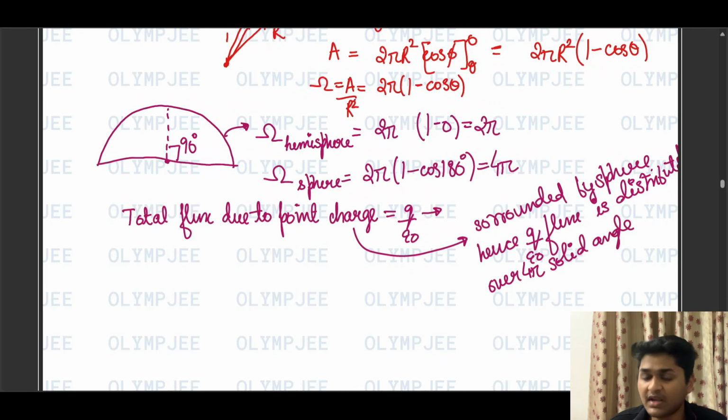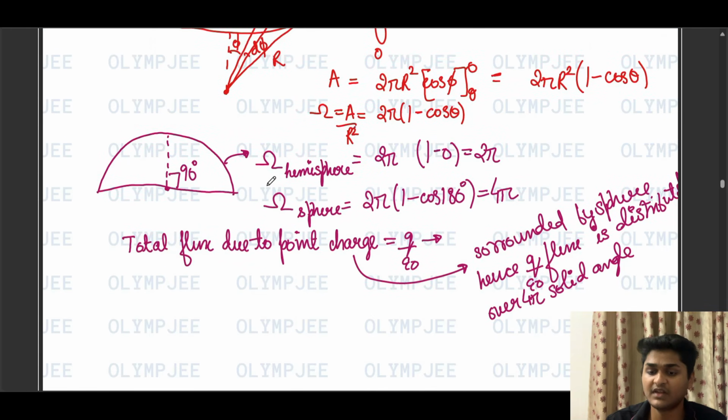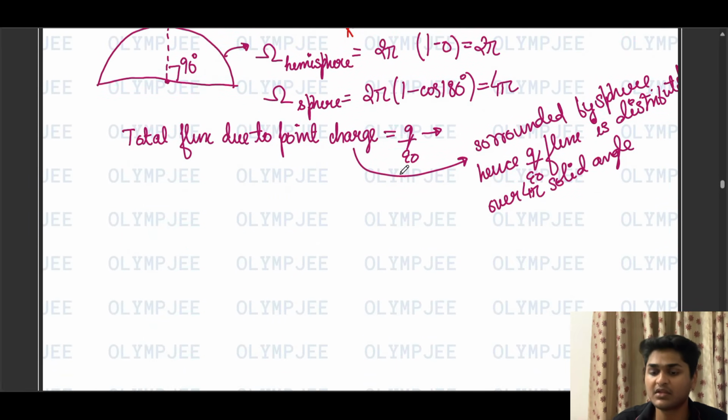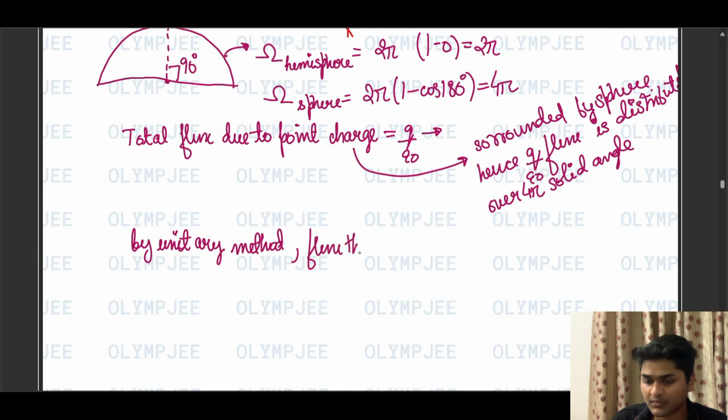So if we use unitary method and we need to calculate the flux through this solid angle 2 pi 1 minus cos theta, since that is what the question is asking, then by unitary method, flux through solid angle theta is given by q by epsilon naught multiplied by 4 pi multiplied by 2 pi 1 minus cos theta.